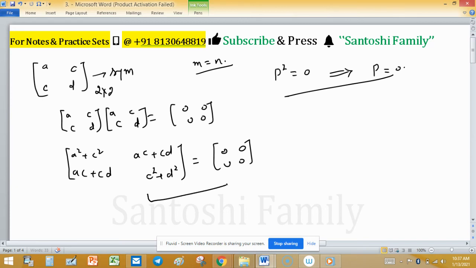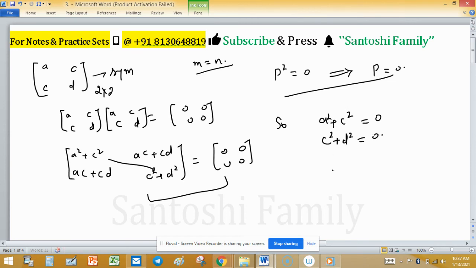These two matrices are equal, and we know two matrices are equal if their size and corresponding entries are the same. So a square plus c square equal to 0 and c square plus d square is equal to 0.